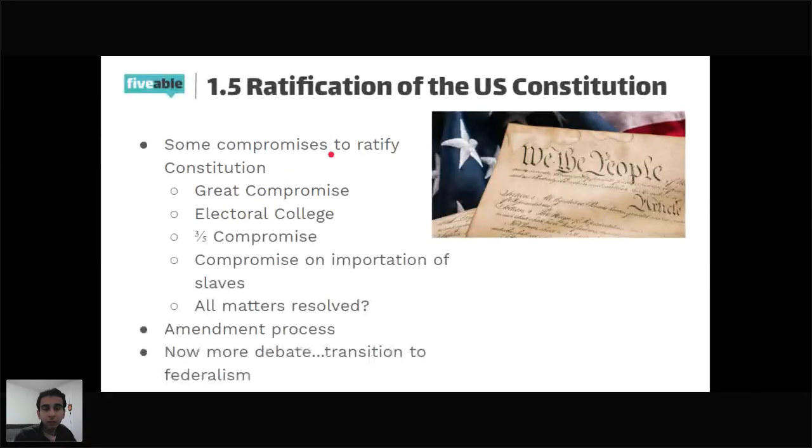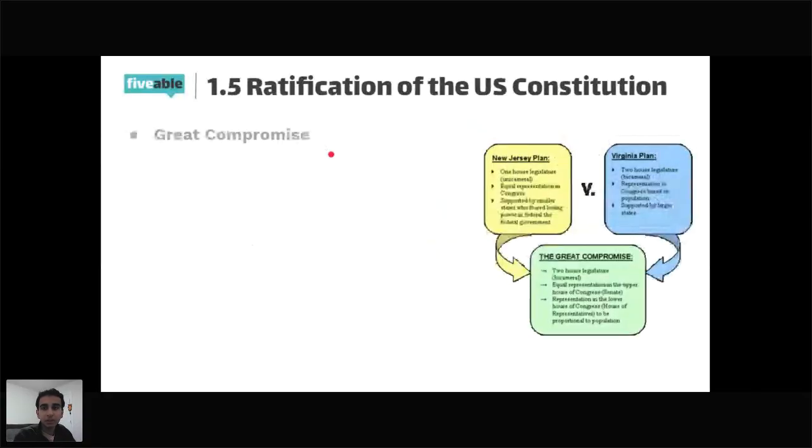So in terms of what we were saying about the New Jersey plan and the Virginia plan, what do you guys know about them? What were the differences between them?